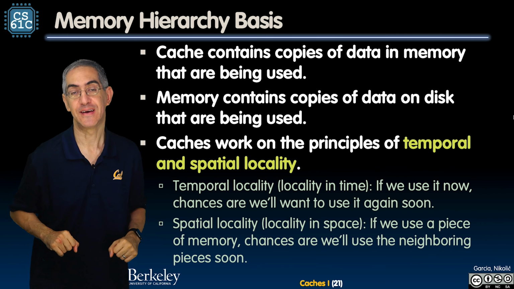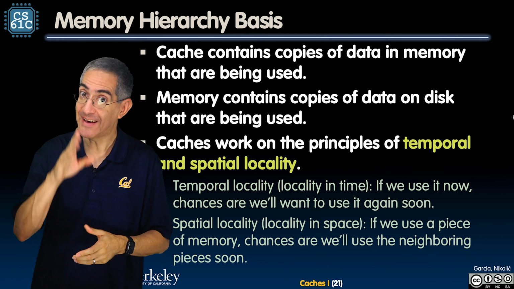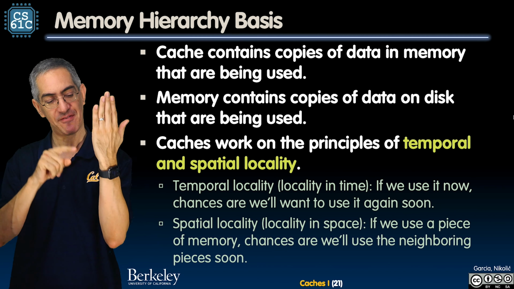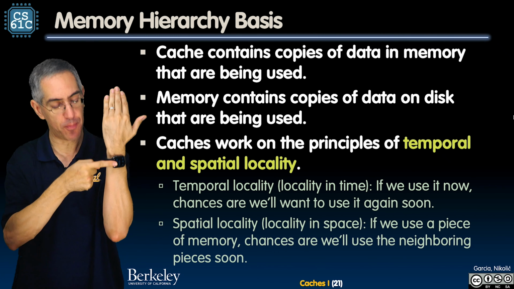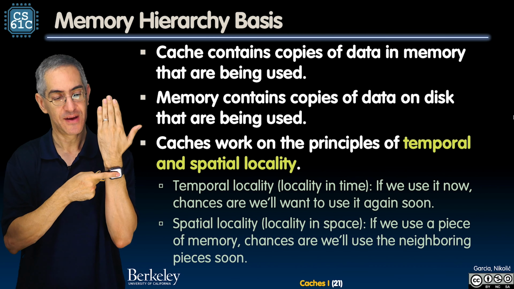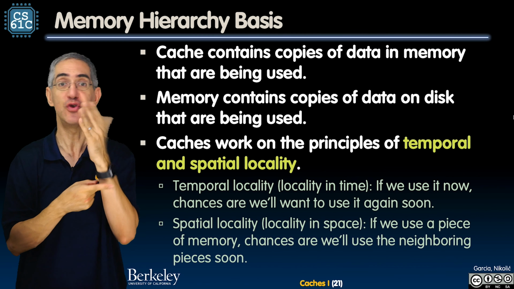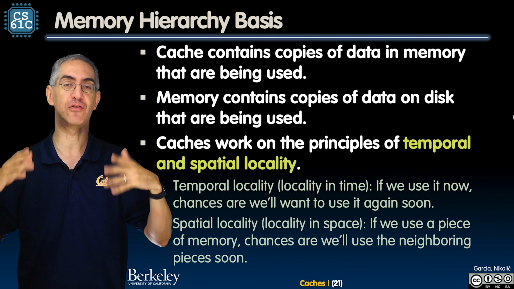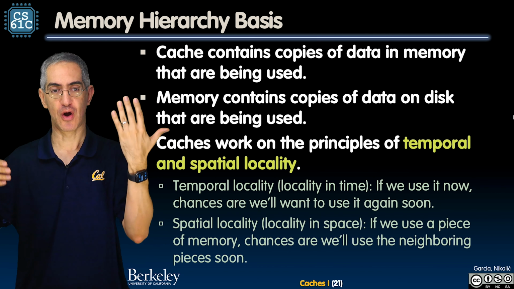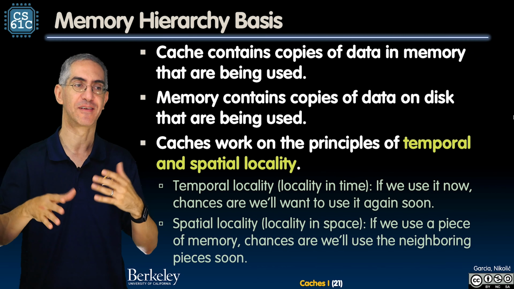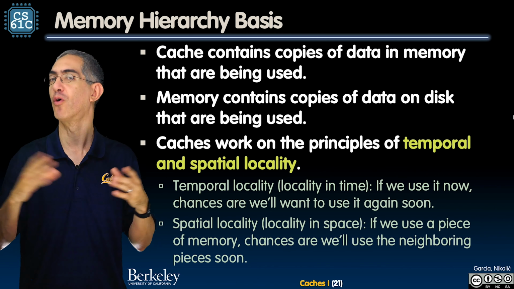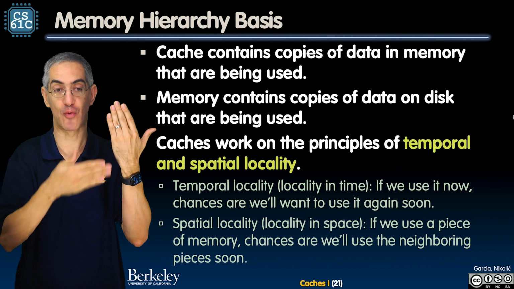Spatial locality is about space. It says, if I access a particular place in memory, it turns out that I usually don't randomly hit memory. A lot of these things are generalizations. I'm actually going to mention at some point the worst thing you could do with a cache, in which you are randomly hitting memory.